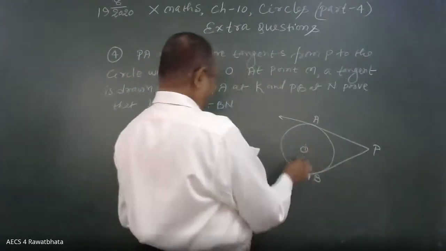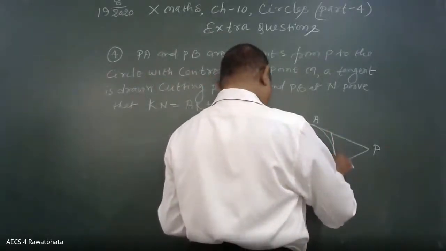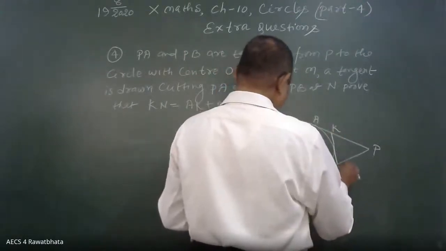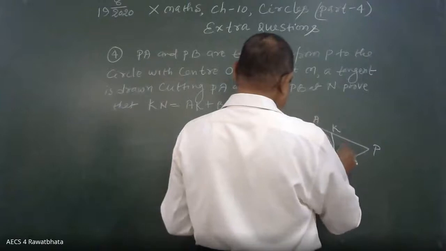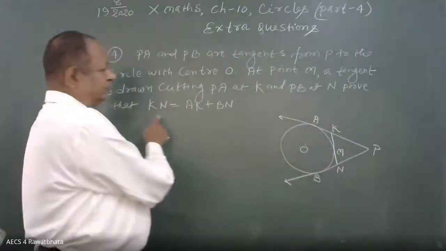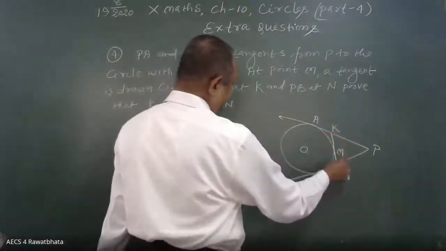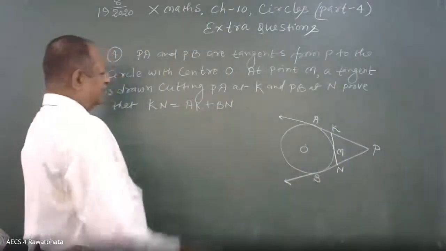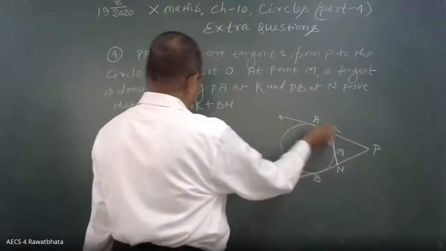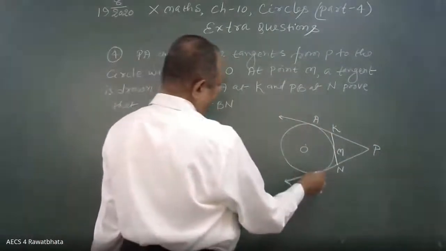This is the center of the circle. This point is K, this point is N, and this point of contact is M. And we have to prove KN, this whole length, is equal to AK plus BN.